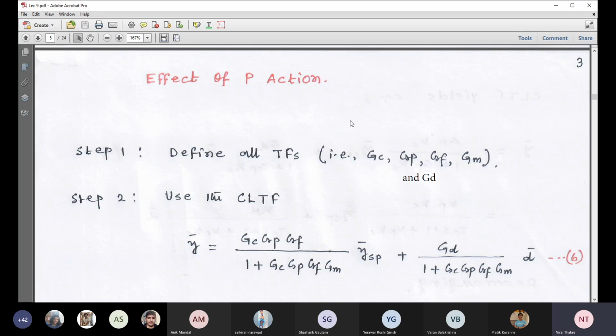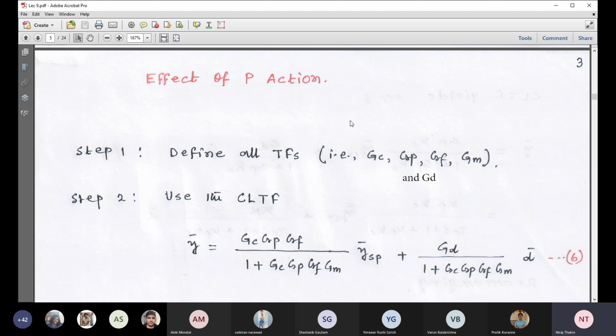So these are the steps we will follow. In step 1, we need to define all transfer functions. As I told, there are 5 individual transfer functions: GC, GP, GF, GM, and GD, that you need to either derive or obtain if they are not given. So this is step 1.